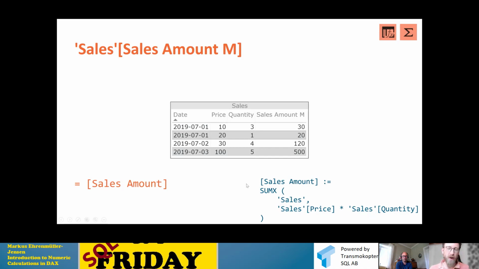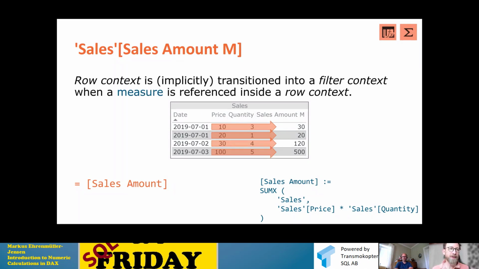The reason is that if we're using a measure inside of a calculated column, the row context of the calculated column is implicitly transitioned, so we didn't ask for that, it's just happening, into a filter context. So in this case, the first line, because we're referring to a measure, the measure only sees the sales table as one single line, the current line.